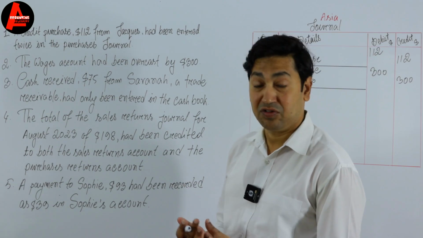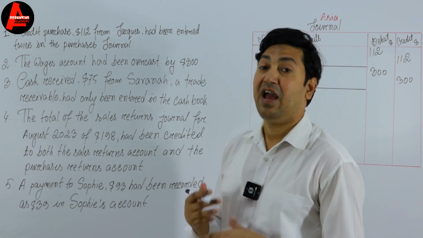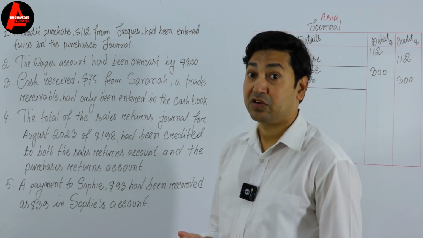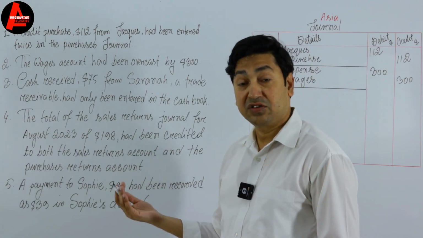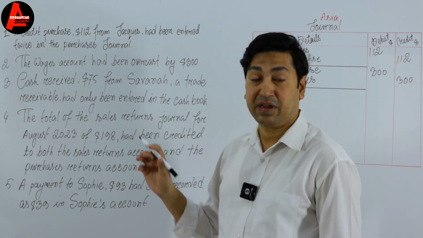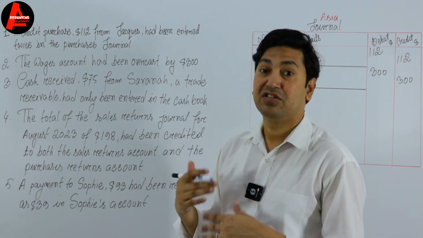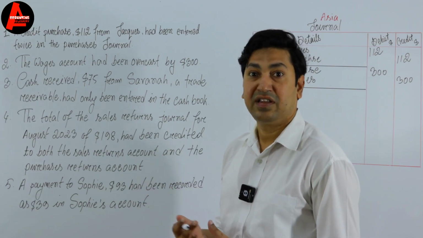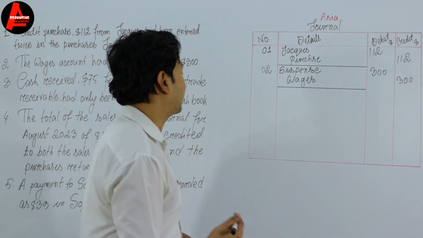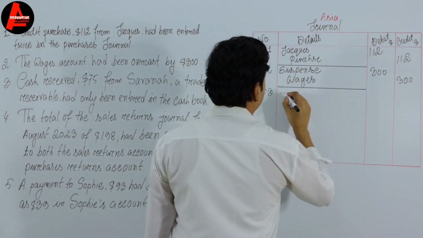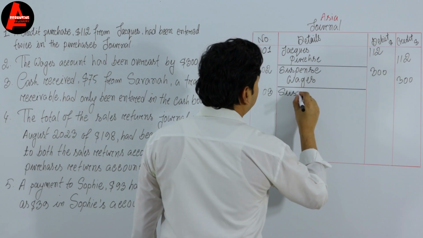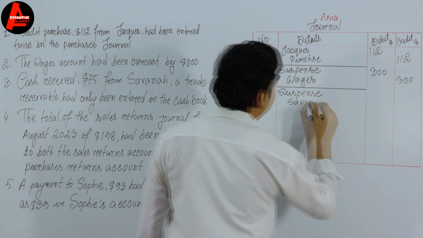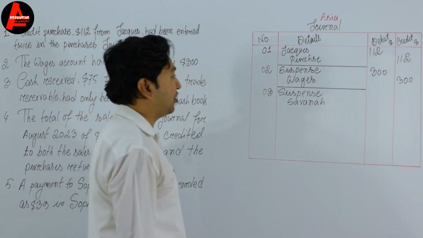So Savanah's account will be credited and Suspense account will be debited. Why is Suspense debited? Because cash was supposed to be debited, cash is already debited, there is no mistake with the debit account. So now we include Suspense to rectify this error. So let us write here number 3, Suspense account to be debited and Savanah's account to be credited.